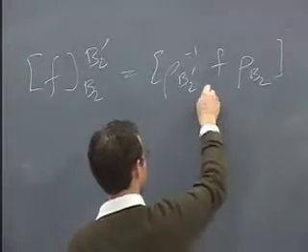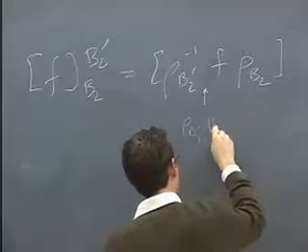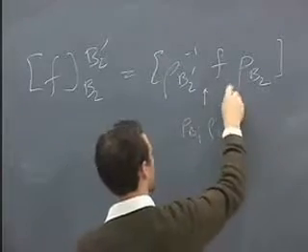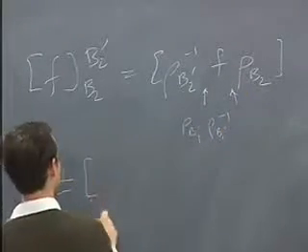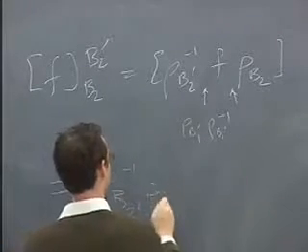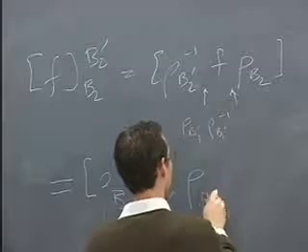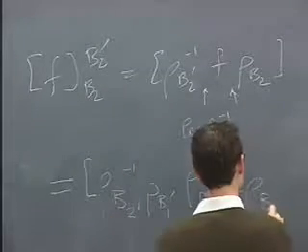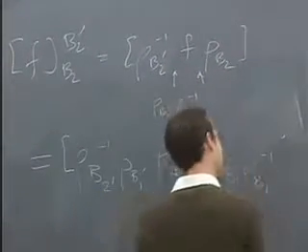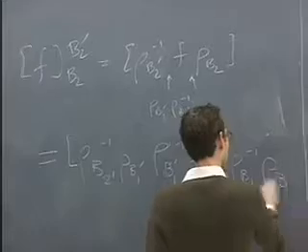But I can always insert here, say, rho B1 prime, rho B1 prime inverse. That's just the identity map. So I'm certainly allowed to insert it here. And I can do the same sort of thing over here. So let me write that out completely explicitly. I can rewrite this as rho B2 prime inverse rho B1 prime times rho B1 prime inverse F rho B1 times rho B1 inverse rho B2. This thing again is the identity, so I'm allowed to insert it wherever I want, as long as it's the identity on the right vector space, and it certainly is.